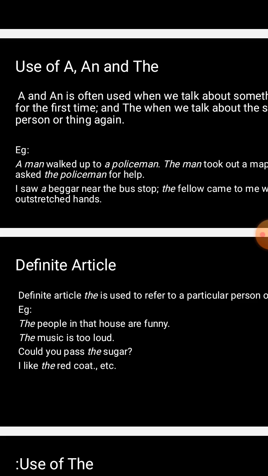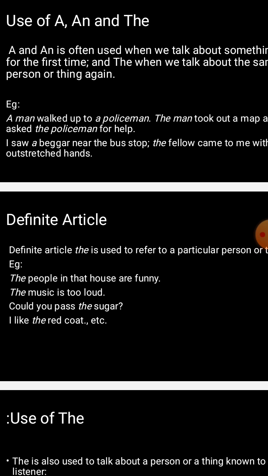Next, we will go to the definite article. The is used to refer to a particular person or thing. Particular. Definite article the is used to refer to a particular person or thing. Particular. When you are sure, when you are definite. The people in that house are funny.